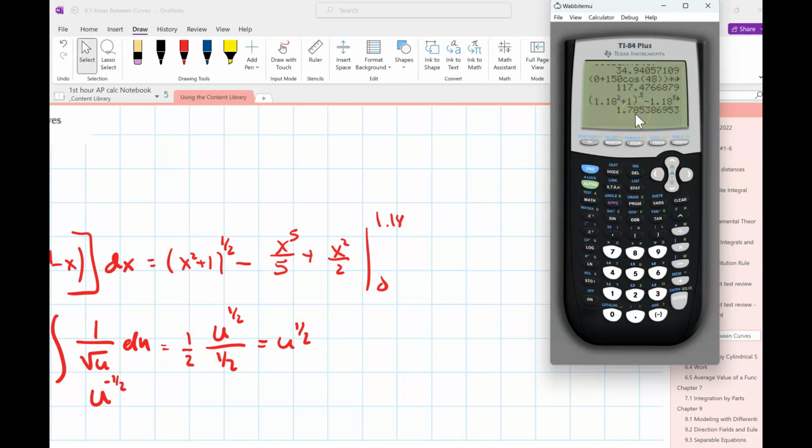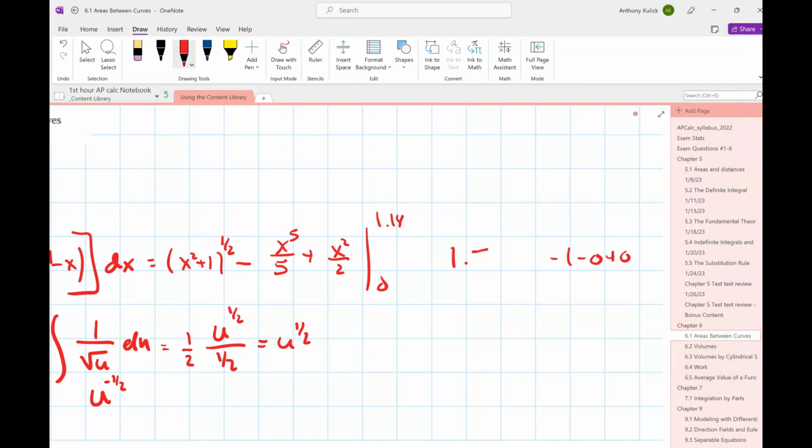So I have 0.78 or 0.79, or about 0.79. Feel okay? Got a little uglier, right? Because you had a U sub snuck in there, but that's okay. We know how to do U sub, and it's never going away.